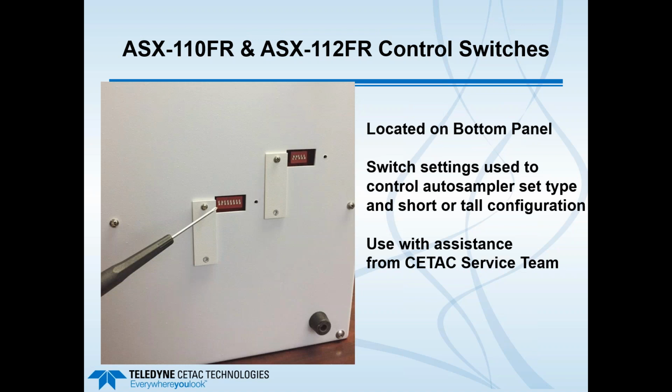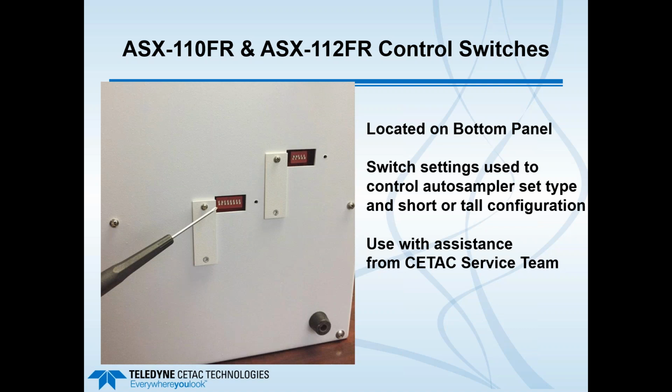One thing I do want to point out, which sometimes does happen during the troubleshooting process, are these two control switches on the bottom panel of the ASX 110 or the ASX 112. There are two small metal plates that you would remove or loosen with a small Phillips screwdriver, and there are small dip switches that are used to control the Autosampler set type, or whether the Autosampler is set for the short or tall configuration, depending upon whether you're using the short or the tall Autosampler racks.